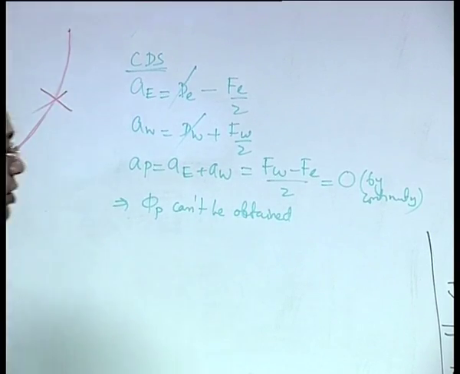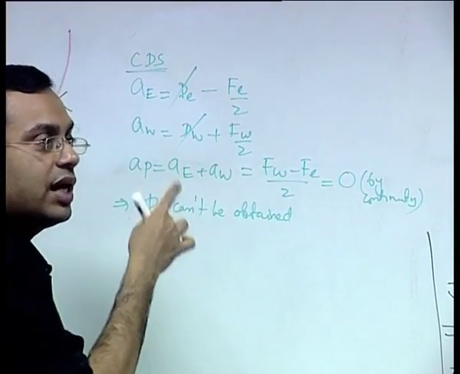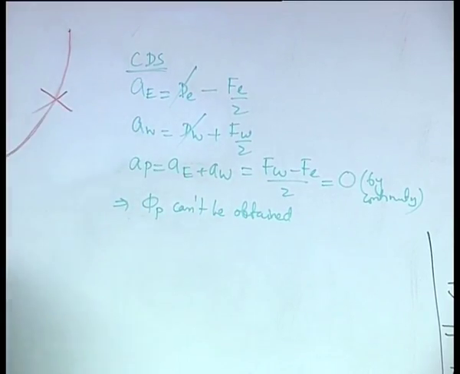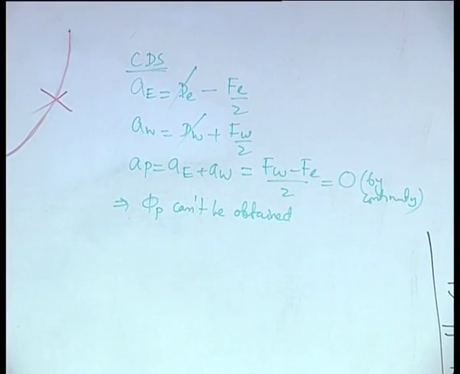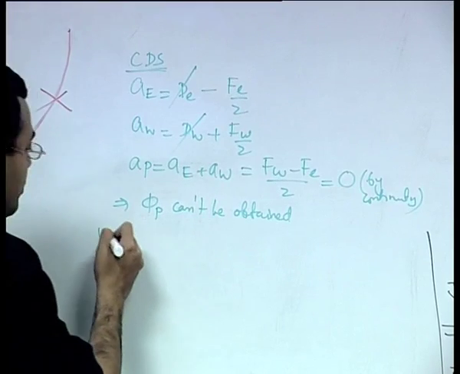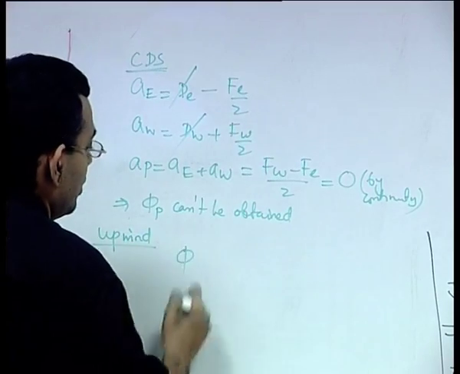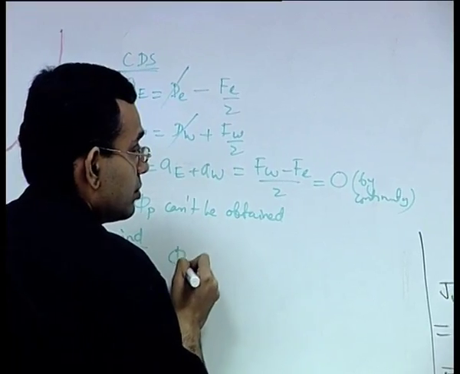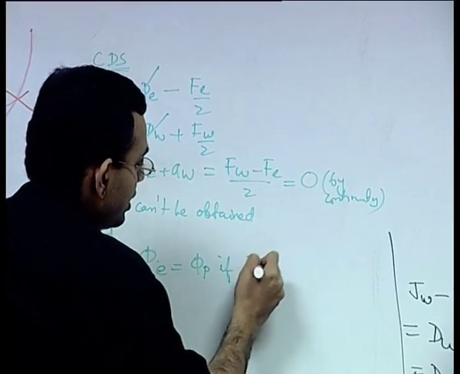So you are trying to assess the physical situation by considering a scheme as a standard which itself does not work at 0 diffusion strength. On the other hand, if you consider the upwind scheme, you have phi at small e equal to phi p if Fe is greater than 0.